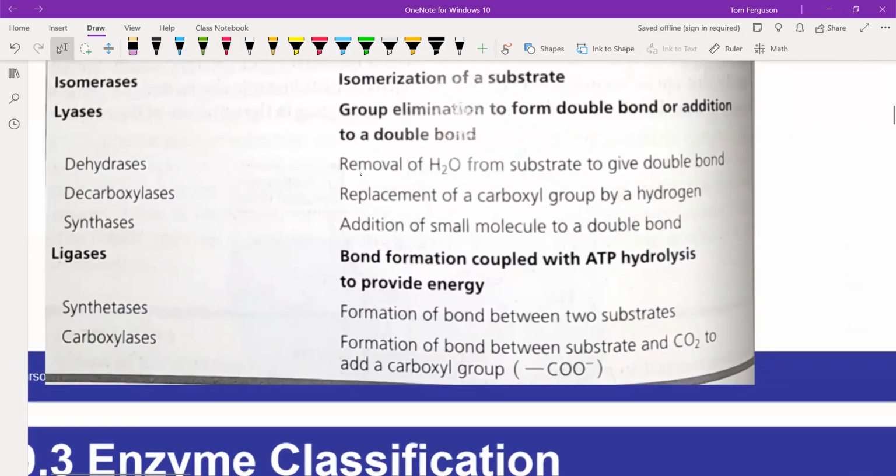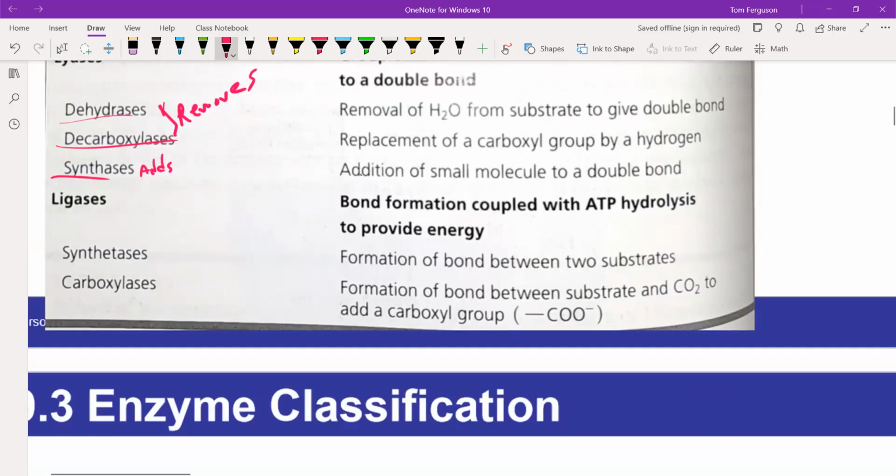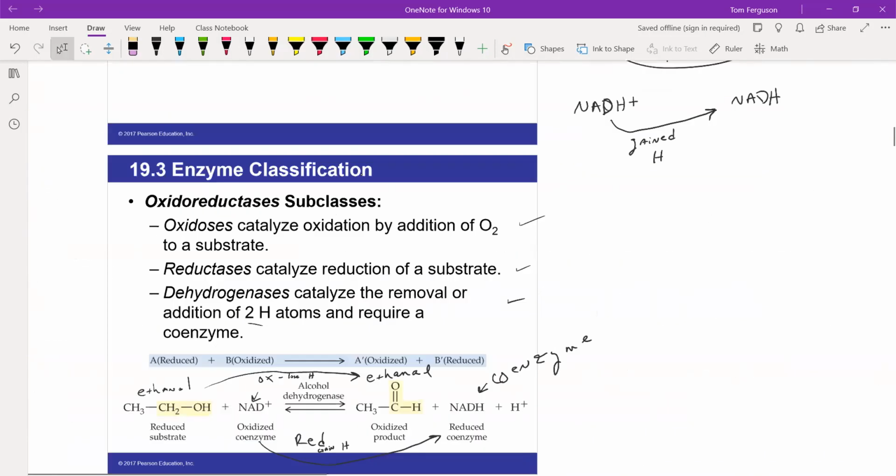Okay. So this is adding usually water across a double bond. So these remove, this adds. We're going down to this problem.